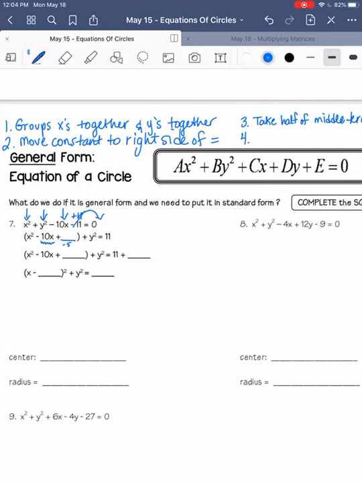What you then do with that number is you square the baby number. So what is negative 5 squared? It is 25. Now, we literally just pulled that number out of thin air and put it in the equation. So if we do it to one side, we have to do it to the other.